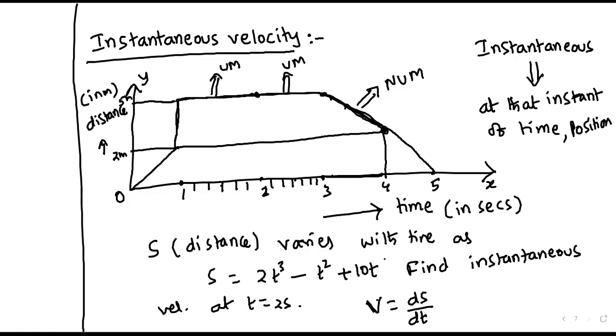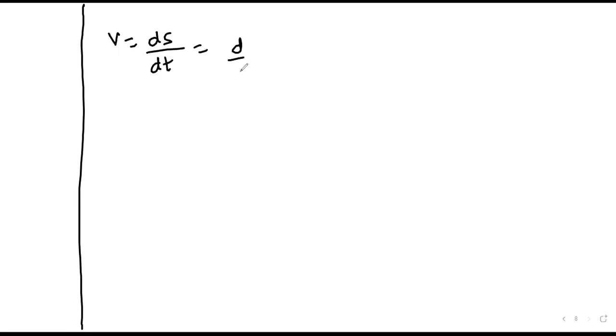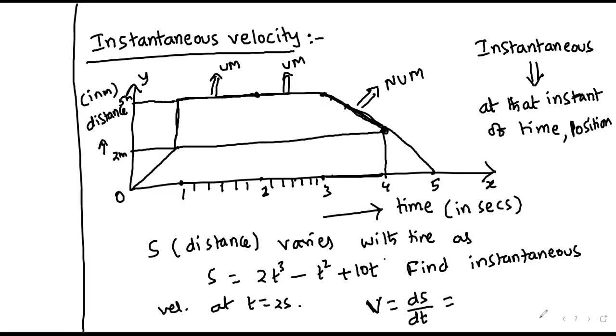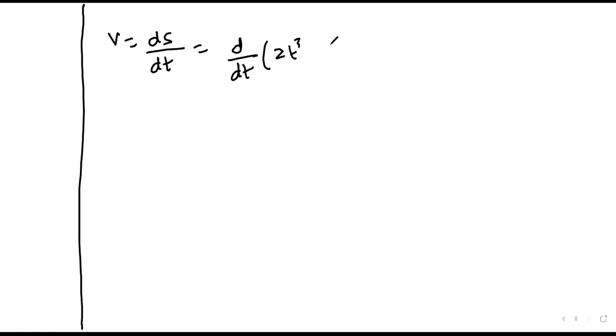v is equal to ds by dt. So that means we need to differentiate it. That's why I told you differentiation first. They gave that s is varying like 2t cube minus t square plus 10t.